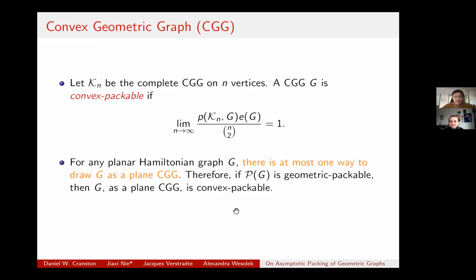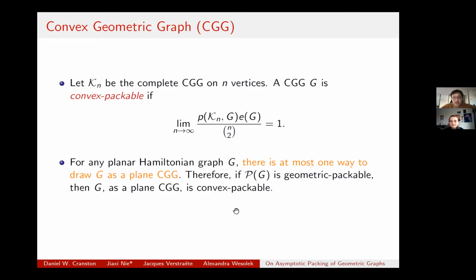Okay, and one very important property for a planar Hamiltonian graph is that there is at most one way to draw G as a plane CGG. The reason I say at most one way is because it is possible that you cannot draw it as a plane CGG. For example, think about the complete graph on 4 vertices, K4. K4 is planar and Hamiltonian, but you cannot draw it as a plane CGG because it will always cross.